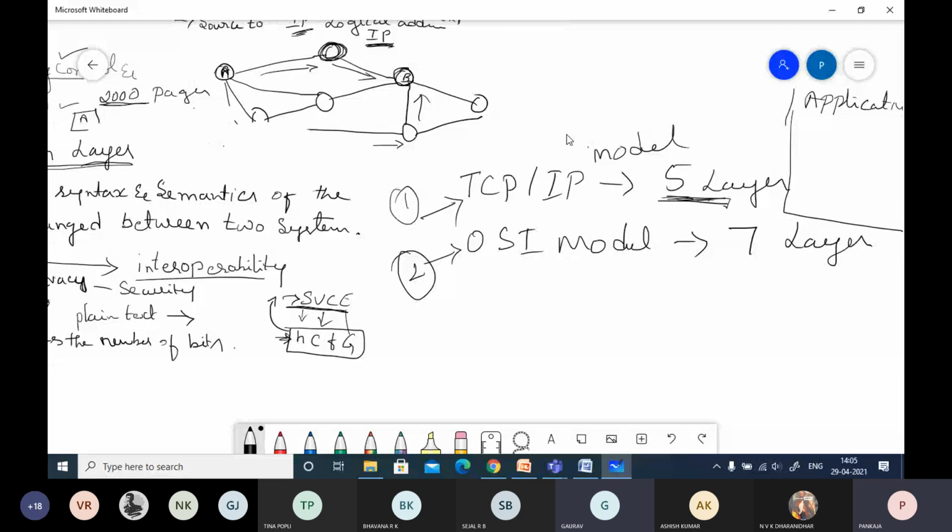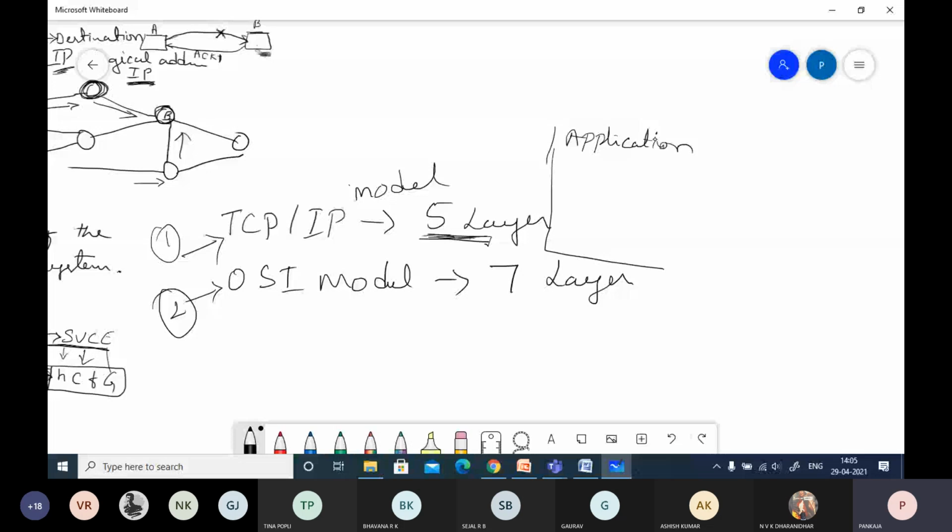One is application. What is the second one? This is actually the top layer. Go slowly. Okay, come from the bottom.